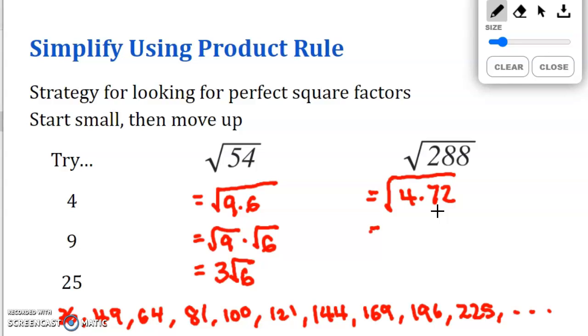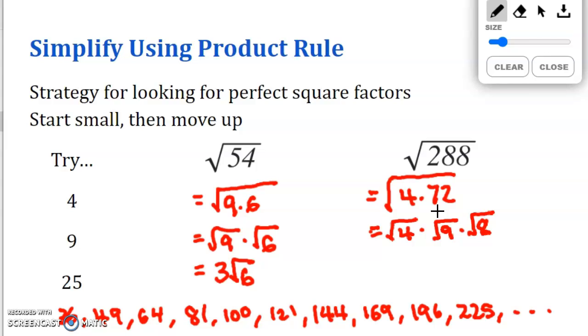So then I have square root of 4 times, what about 72? Can I break the 72 as something smaller? Well, 9 times 8 is 72.